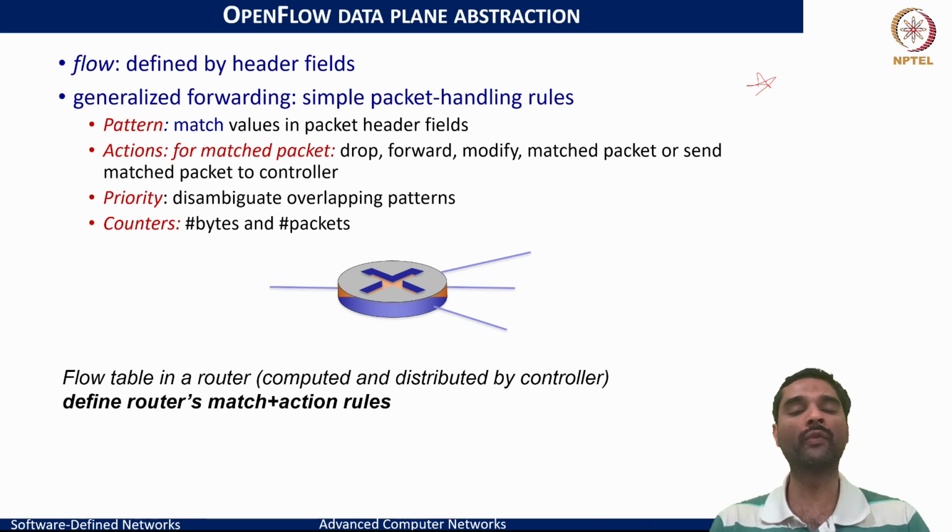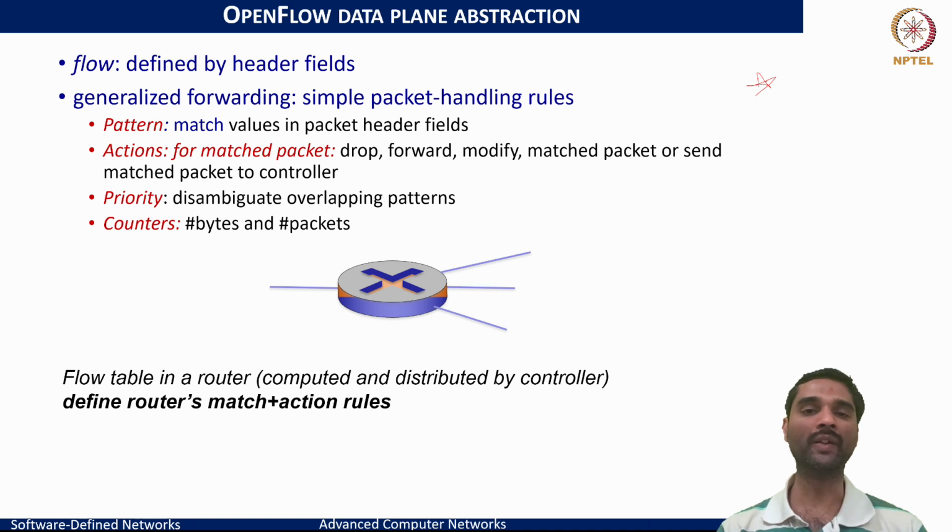Now you are no more confined to just the destination IP or the destination MAC headers. You could change the patterns of the bits that you want to match on the headers, and then take corresponding actions. And you are also not confined to just saying drop or route. You could even modify the packet headers itself. And that's the power of having this generalized match and generalized action pieces.